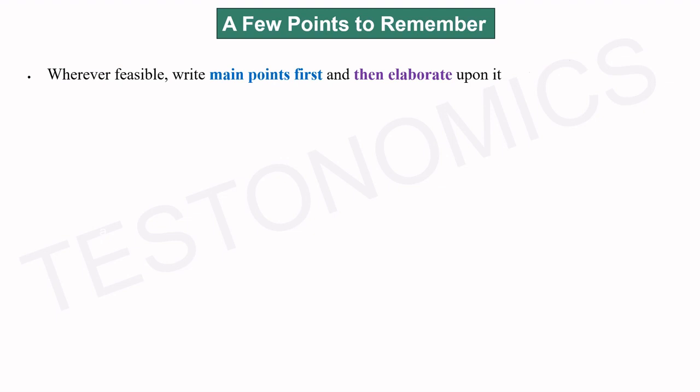Of course, it's not necessary that this rule will work everywhere. Sometimes you might want to build upon something. That's also possible. For example, let's say you are solving a numerical. Let's say you're solving a question from microeconomics only and you want to solve for the equilibrium of a monopoly.